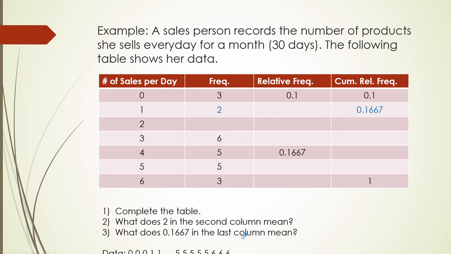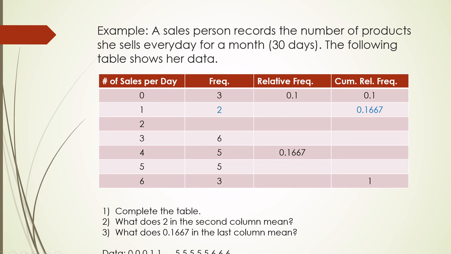You can stop the video now and answer the questions, because I will share the solution in a second. Before sharing the solution, if this table doesn't make sense to you, you can try writing the data values explicitly. For instance, these numbers mean there are 3 days that there was no sale.